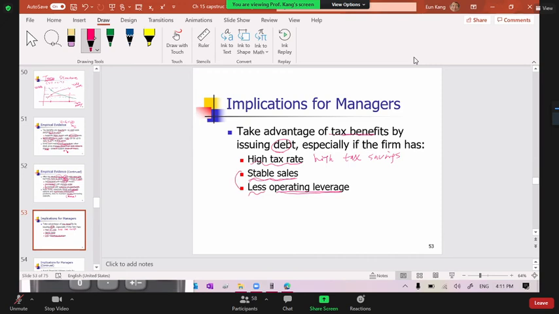So these two are just lower business risk. Understand, smaller business risk. Then they have to just take advantage of the tax benefit.